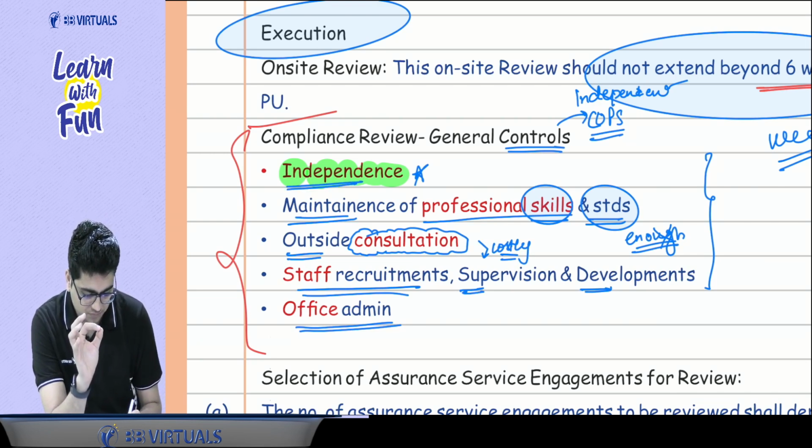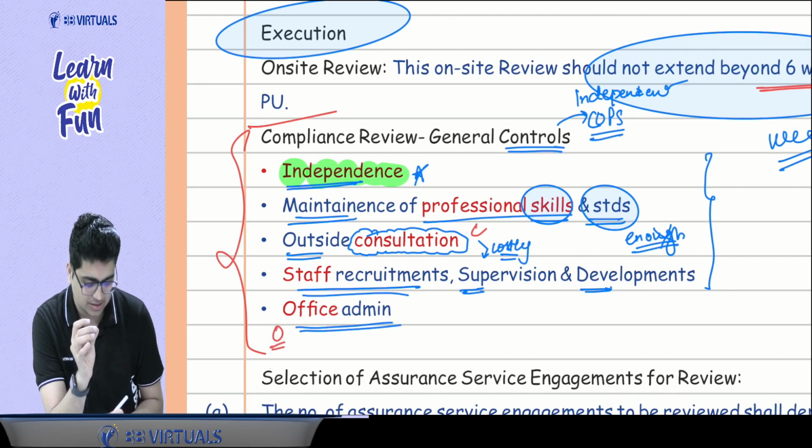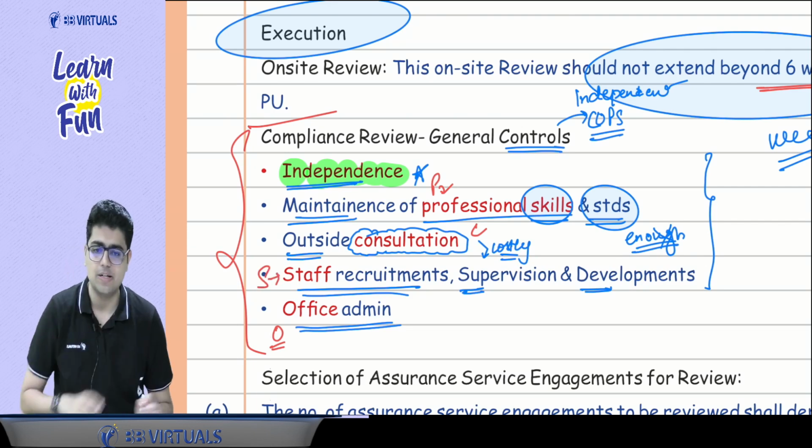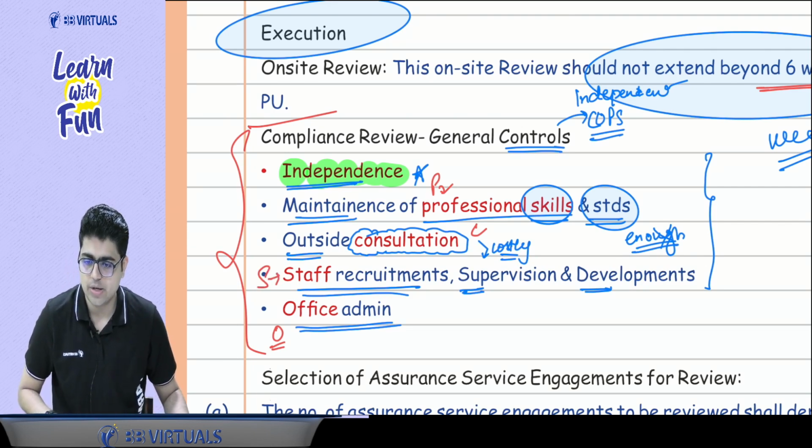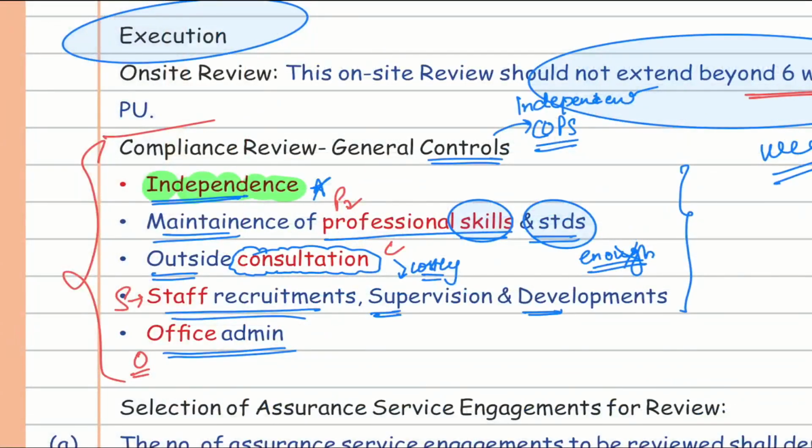C for consultation. O for office administration. P for professional skills and standards. And S for staff recruitment, supervision and development. Quickly take 1 or 2 minutes and please learn these 5 points right away. Do it fast.